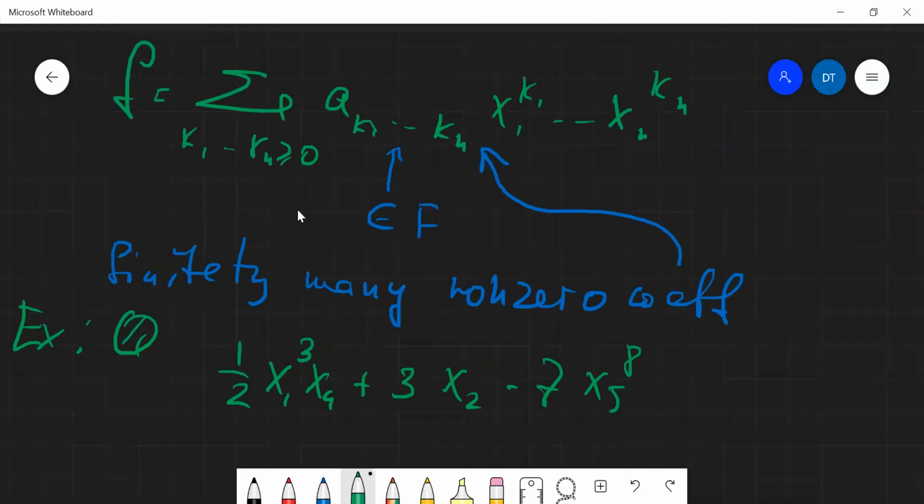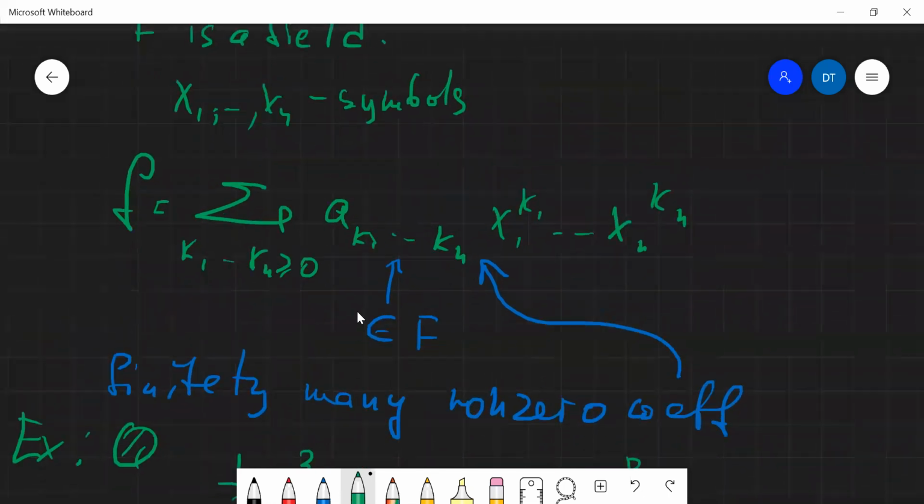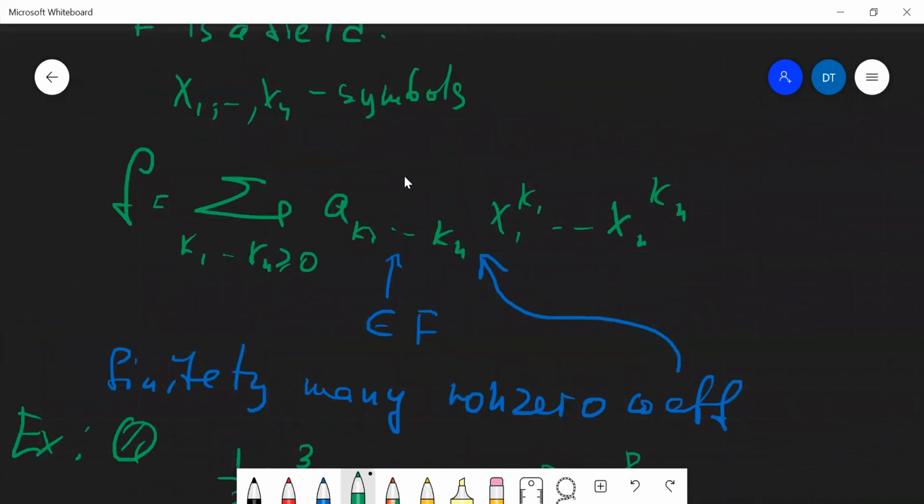We have the usual rules to multiply and add polynomials, so I believe I can skip the rules, as they are exactly the same as you use in calculus. But now two polynomials are equal if and only if their coefficients are the same. So you don't need to substitute anything instead of the variables.